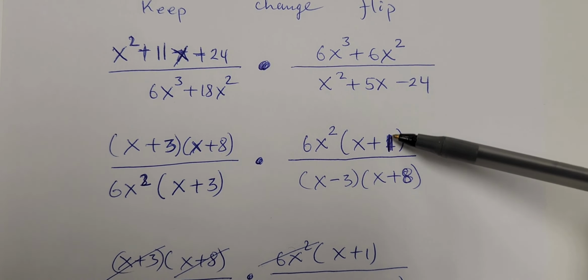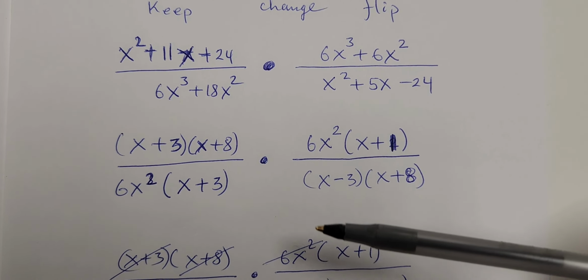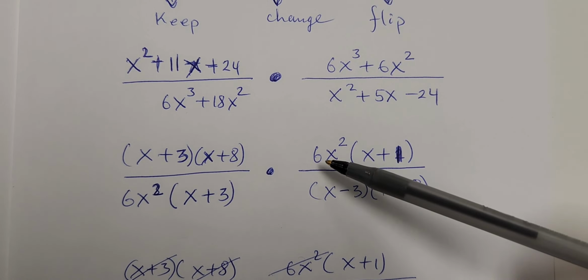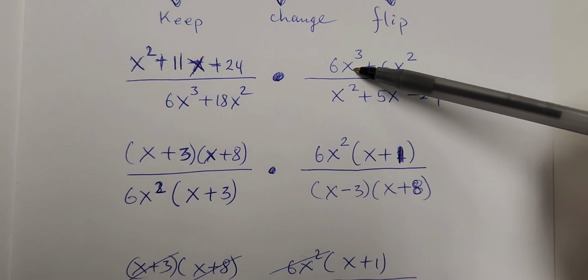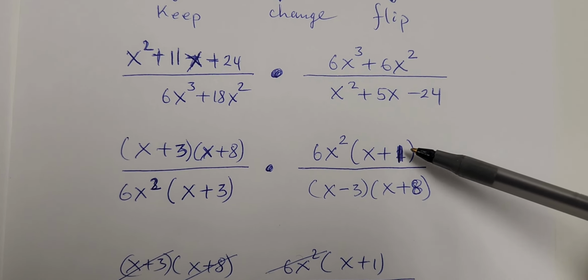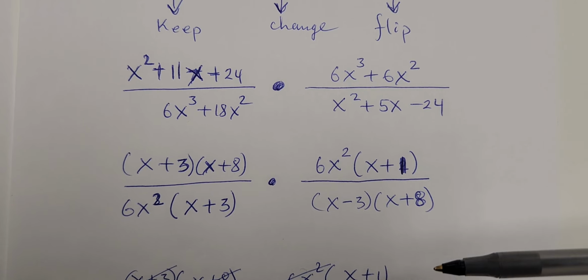So never 0 here. Okay, so be very careful. If I want to check if it's correct, multiply it again. 6x squared times x gives me 6x cubed. 6x squared times 1 gives me back 6x squared. Okay, so be very careful.